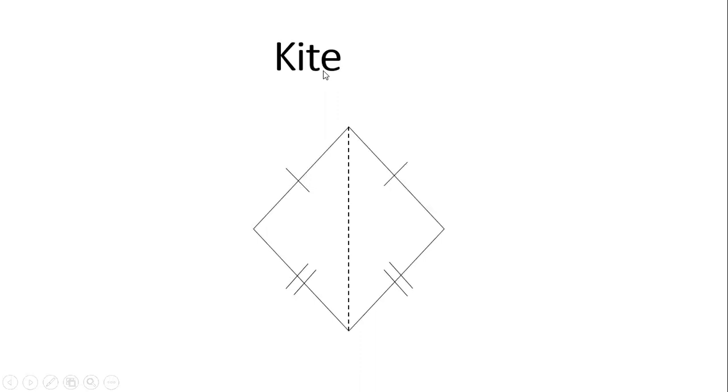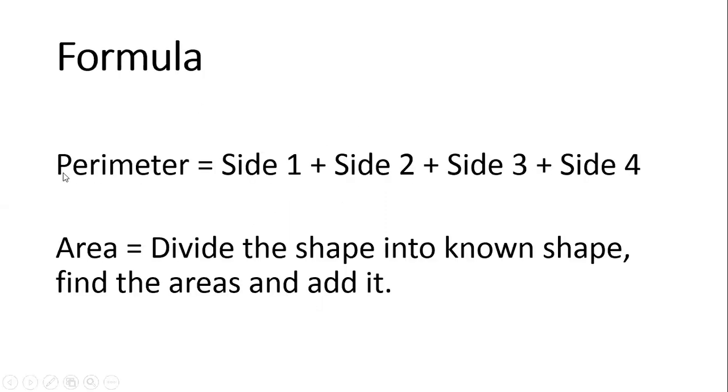The next shape we have is a kite. A kite has 4 sides. These 2 sides are equal, and you have this line called the line of symmetry. That's why when we're young, we tie our ropes and make the kite to fly high. How do we get the perimeter? It is side 1 plus side 2 plus side 3 plus side 4.